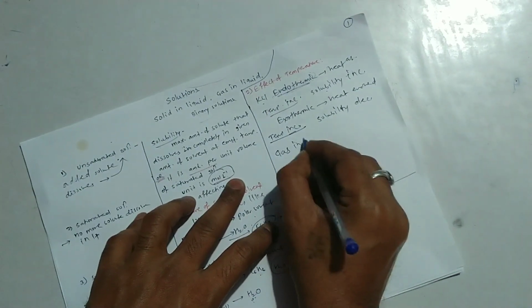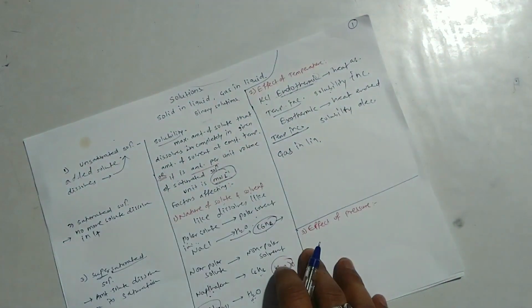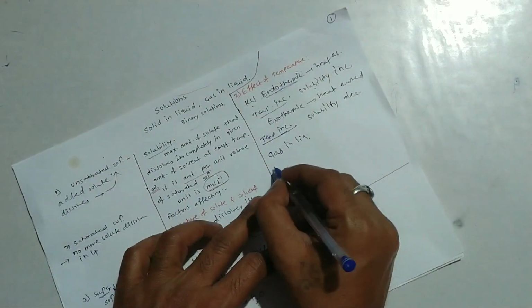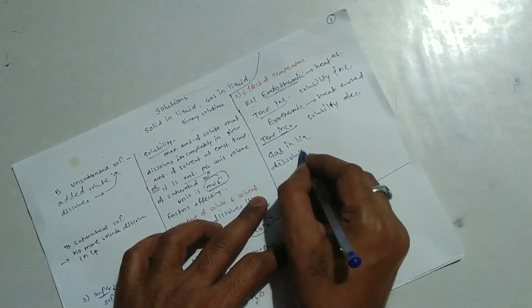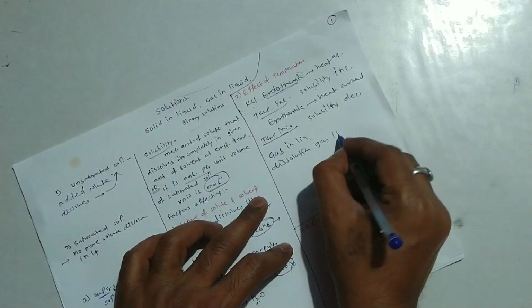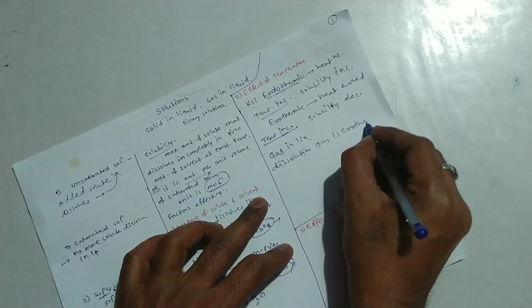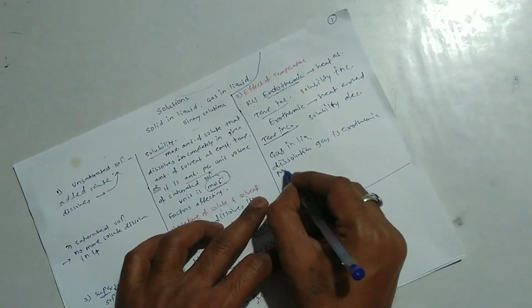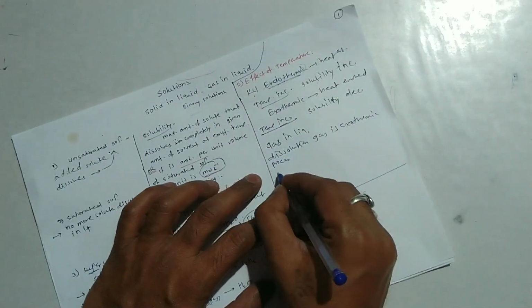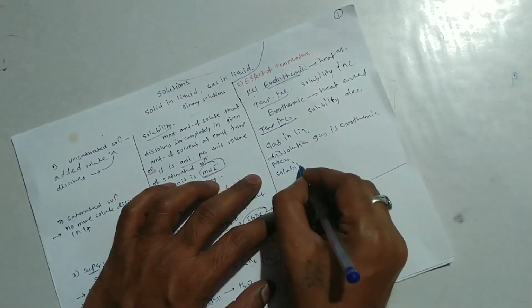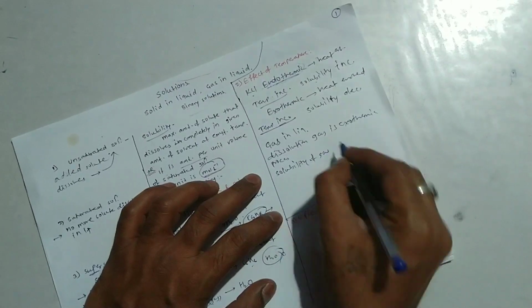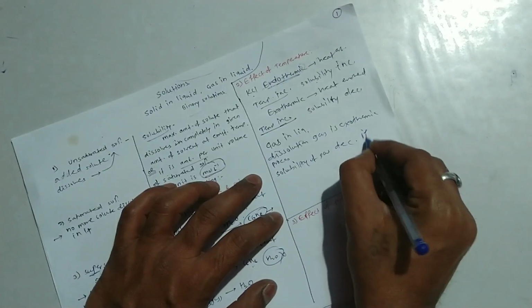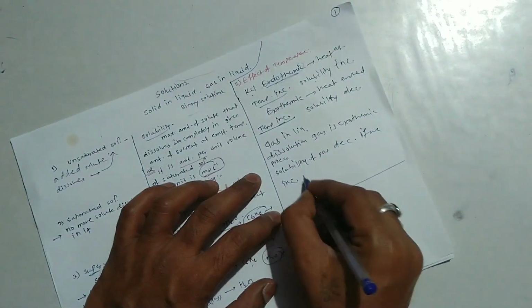Now if you move towards gas in liquid, if we dissolve a gas in a liquid, the dissolution of a gas is an exothermic process. So obviously the solubility of a gas decreases if we increase the temperature.